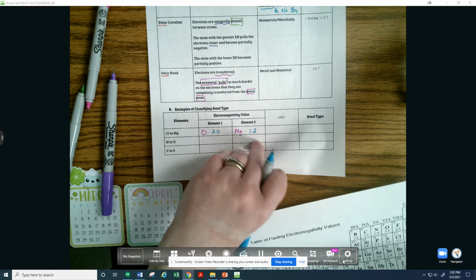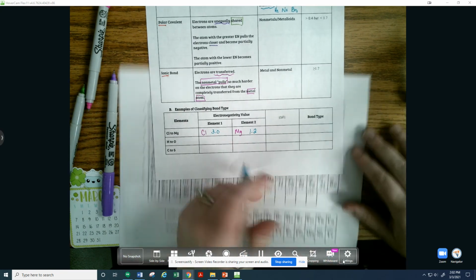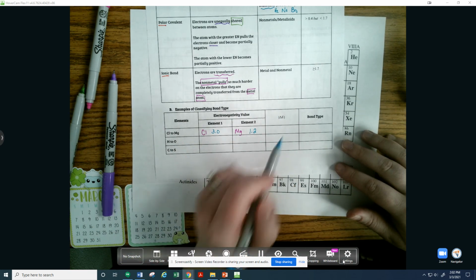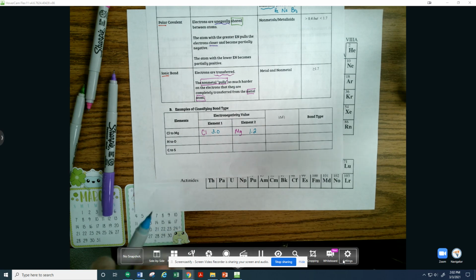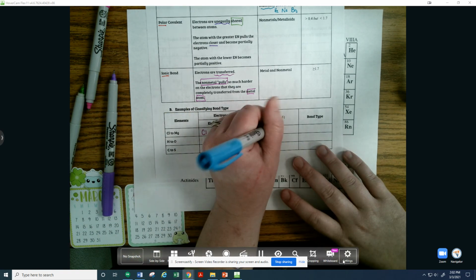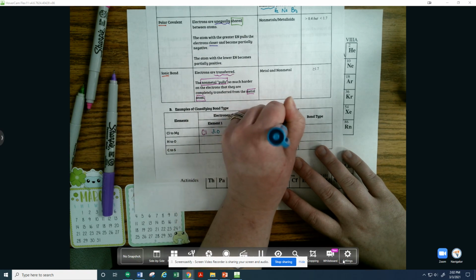So you're going to find the absolute value of the difference. That little triangle is delta. That means difference in our electronegativity, and the bars mean absolute value. So just don't have a negative. Typically, I just always take the largest minus the smallest. So what you're going to do is take 3.0 minus 1.2.